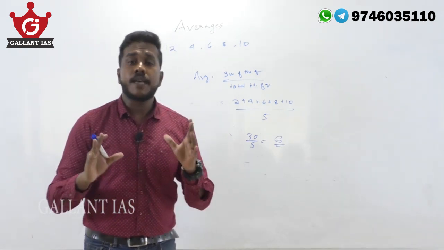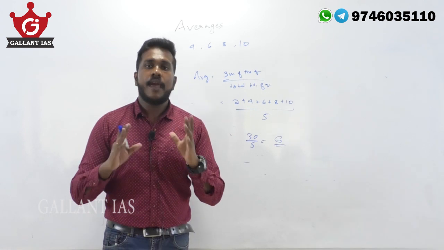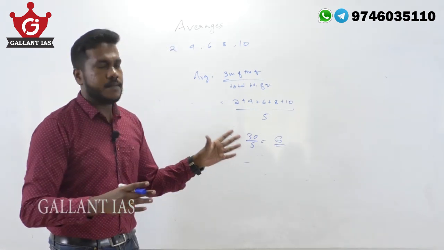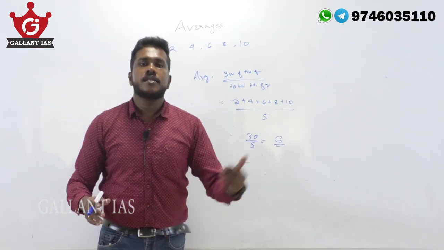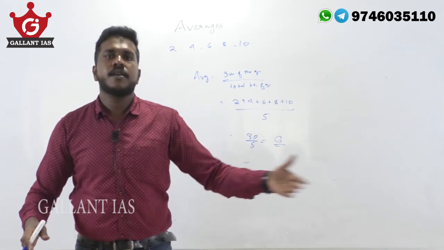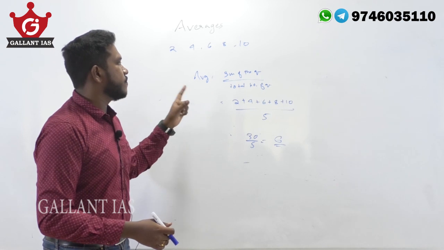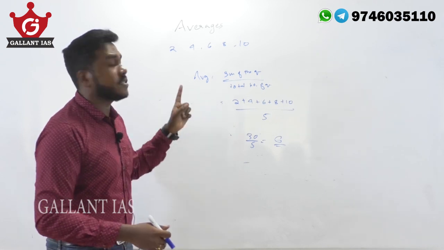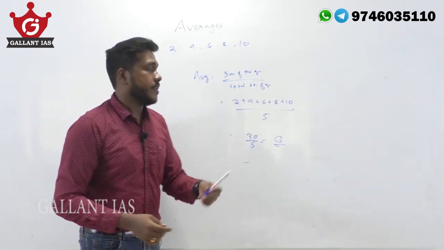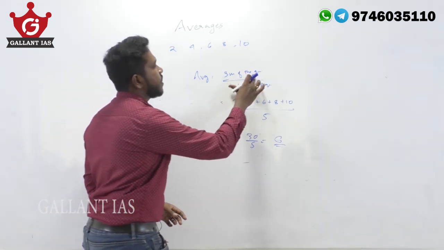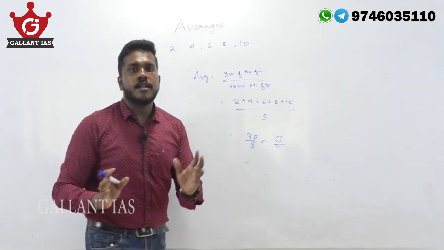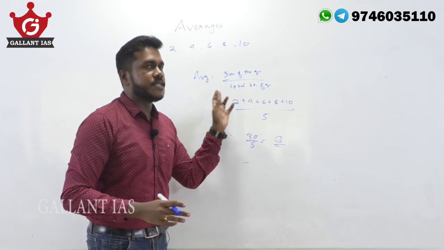This is the basic concept in order to study average. You should know this concept, and then only can we do the other problems that are coming. So please try to learn this equation. I will tell you once again: average means the sum of the quantities all divided by the total number of quantities. Keep this equation in your mind.